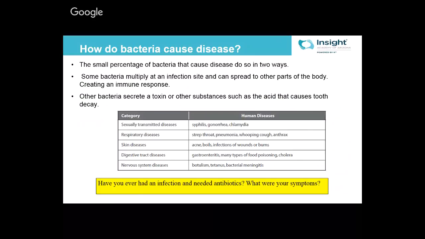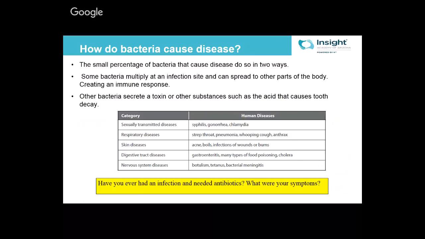So you get tired because of that. You can have a sore throat because the area where the bacteria is living and growing is taking resources and maybe destroying cells. So that is one way that bacteria can cause disease in the body.